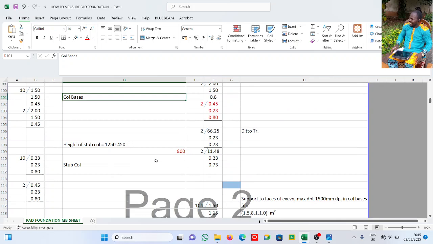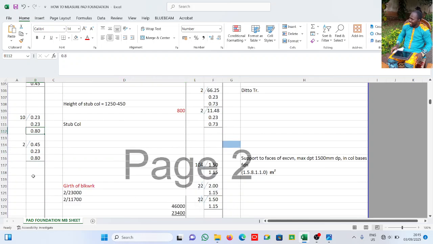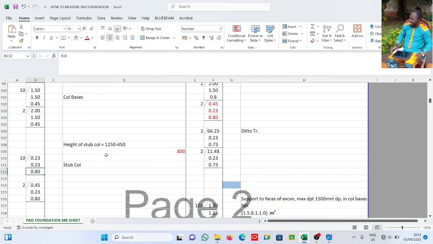The stop column, of course, that's the depth of the stop column. 0.23 by 0.23 by 0.8 by 10. The same thing goes for the double wall. So now you see these are concrete works that displaced soils that were originally there. That is cutting away. They have displaced soils originally there, so we are cutting them away.